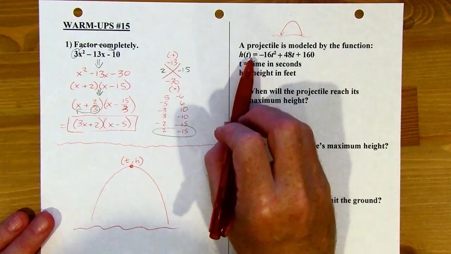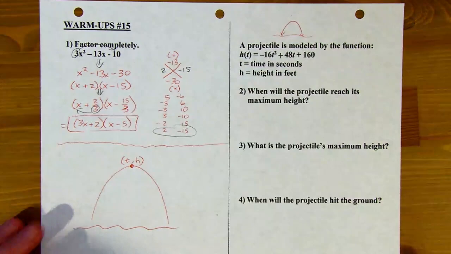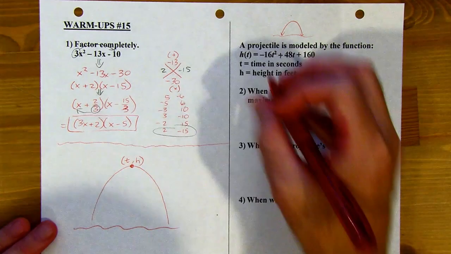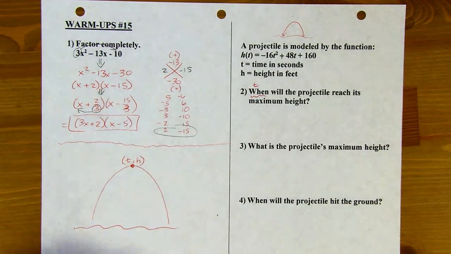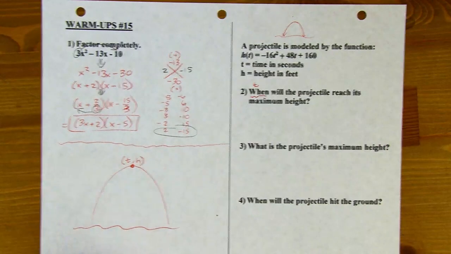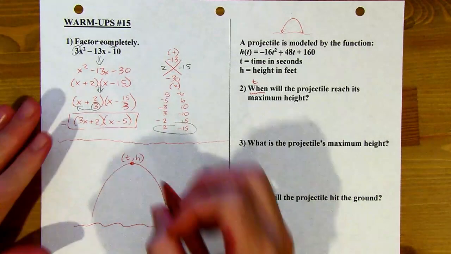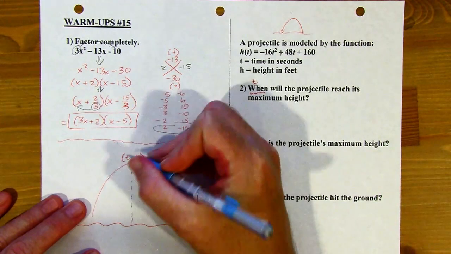In h of t, t is the input, like the x value, and h is like the y value. So I'm looking for the time, the t value of the vertex. And I can find that because it's going to be on the axis of symmetry.